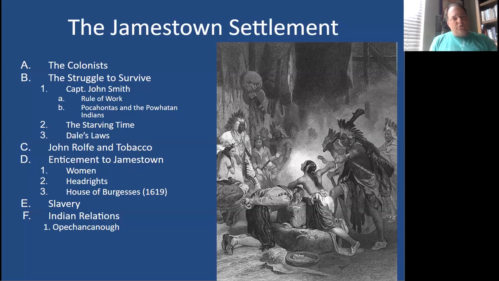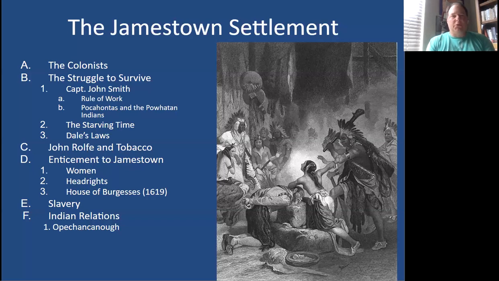And landowners, if you owned enough land, not just any amount of land, if you owned enough land, you could be a representative, you could be a burgess and help make policy for the colony. Now, let's make sure we understand this. This does not mean they're independent of the king and of parliament. No, they're still under English law.